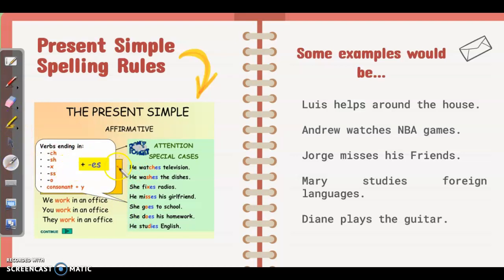We also have he watches the dishes, she fixes radios, he misses his girlfriend, she goes to school, she does his homework, and he studies English.